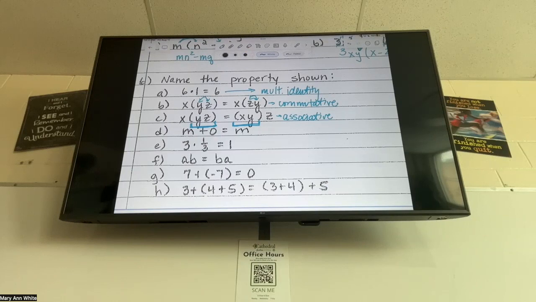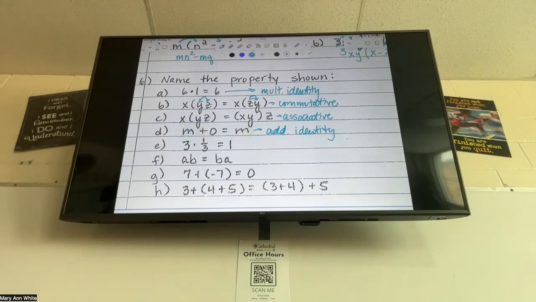All right, what about letter D? What's going on in letter D? Additive identity, right? It's another one of our identities. I still am taking a number and adding something to it and I get that same number back. This time it's addition, so we're going to write that little add in the front.